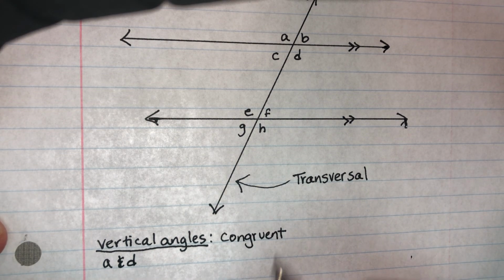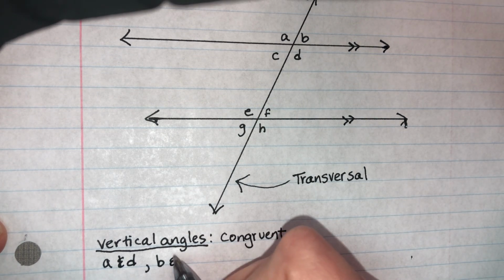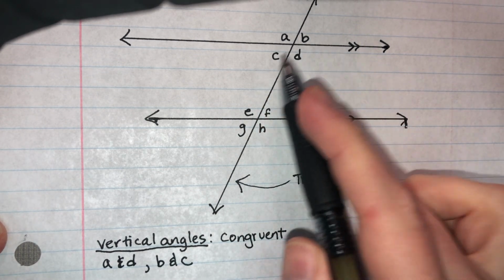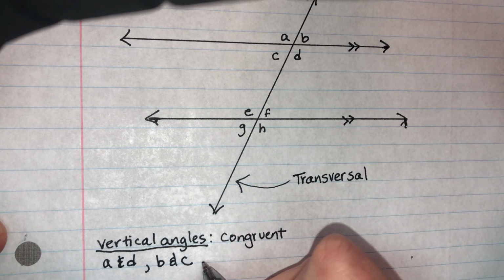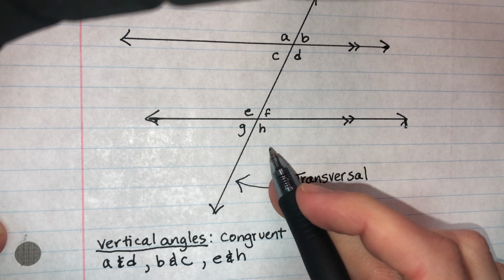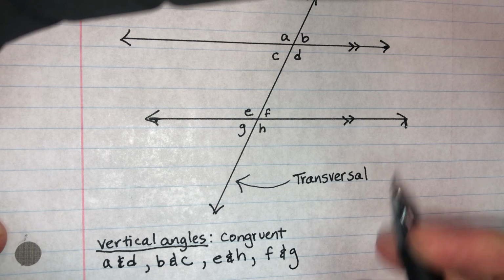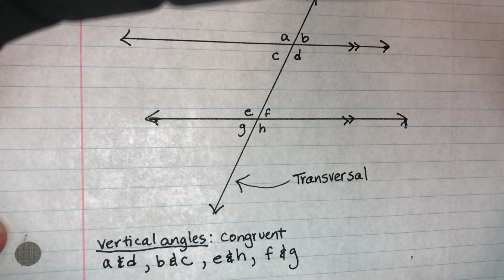They are congruent, both obtuse. Angle B and angle C are also a pair of vertical angles. Angle E and angle H are vertical angles. And last, F and G are vertical angles. They are congruent, same size, same shape.